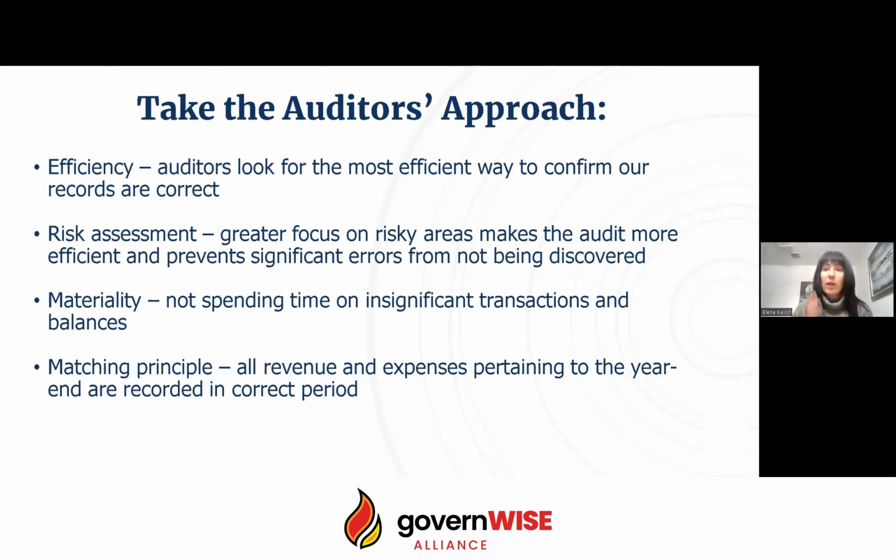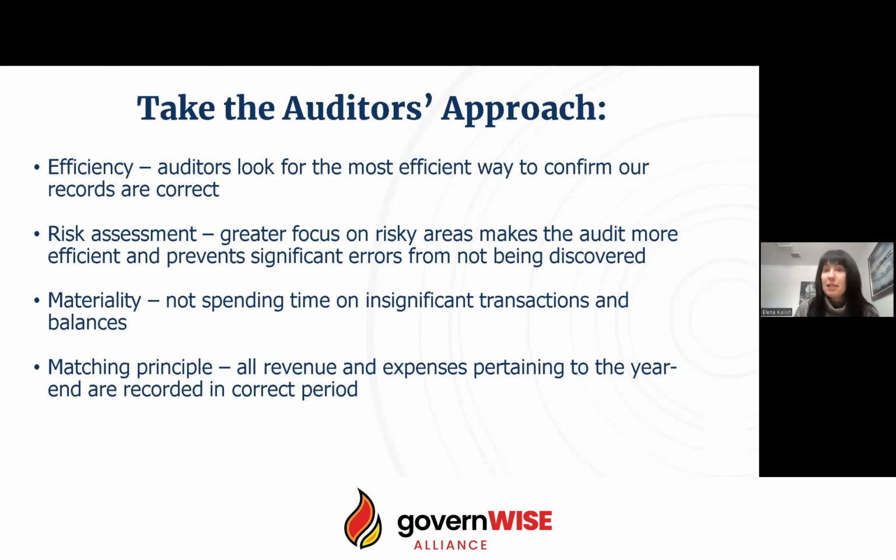Okay, so when we work on the year-end preparation, it's really helpful to take this approach because it's a big picture approach. So first of all, we look at our financial statements, we look at our records, and we ask ourselves, okay, where are my biggest risks? Maybe I have a certain department that's been struggling with their records. Maybe I have young and inexperienced staff somewhere that are more likely to make errors.